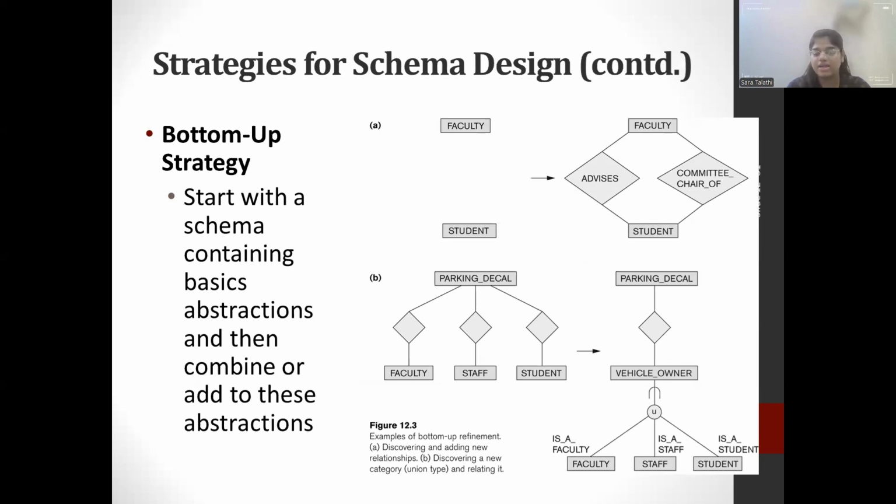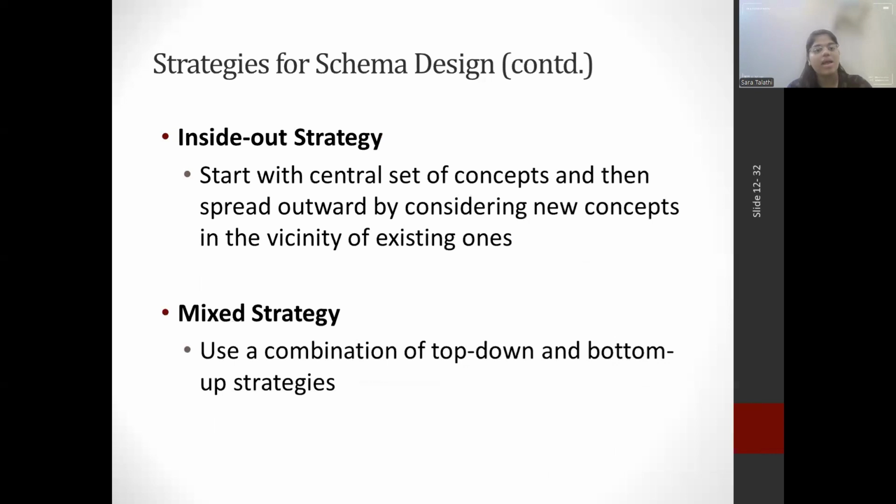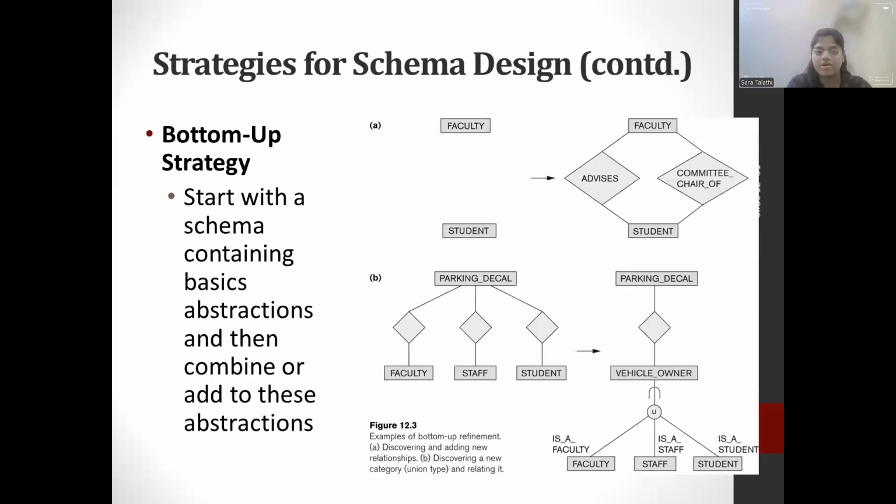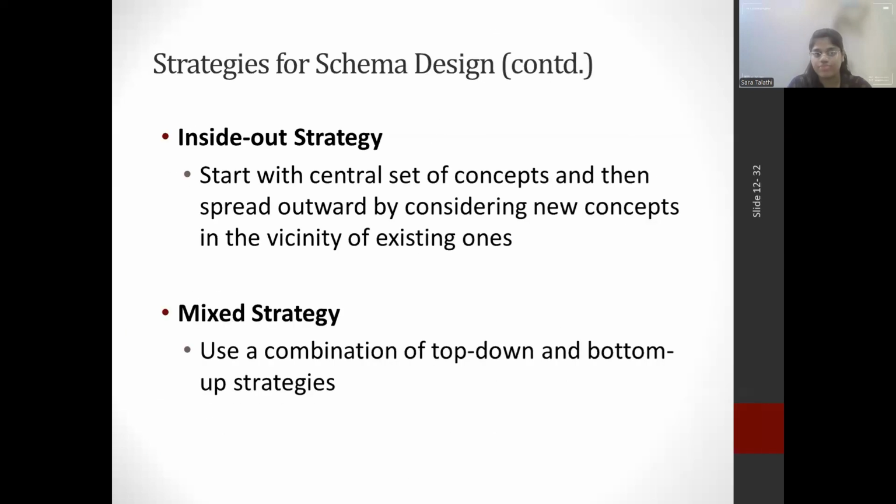You start with a schema containing the basic abstractions and then combine or add to these abstractions. Next was the inside-out strategy, starting with a central set of concepts and then spreading out by considering new concepts in the vicinity of existing ones. Mixed strategies use a combination of the top-down and bottom-up strategies.